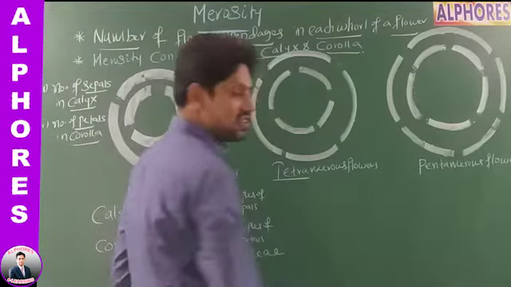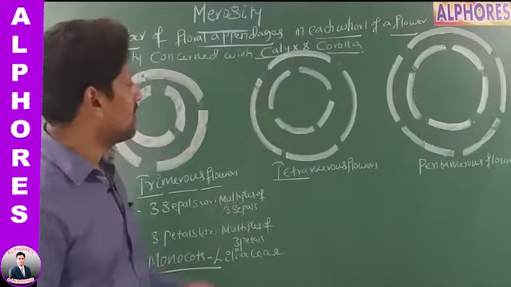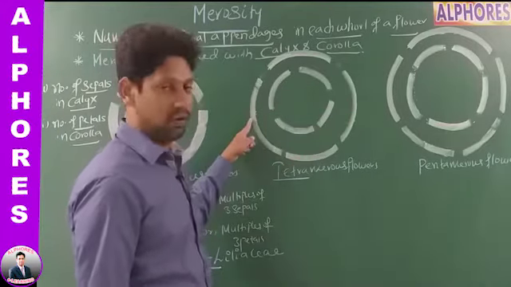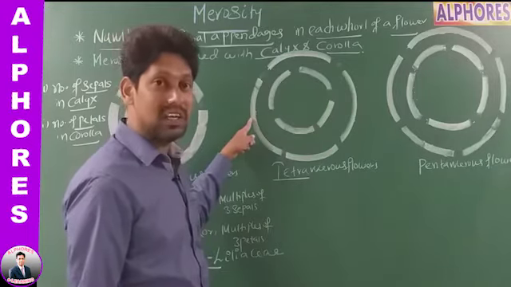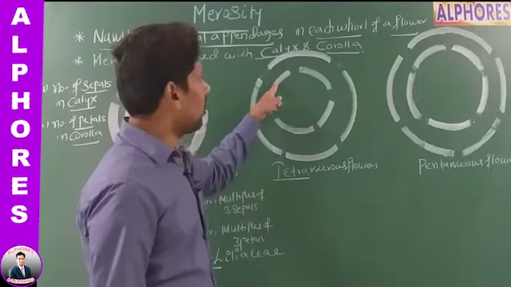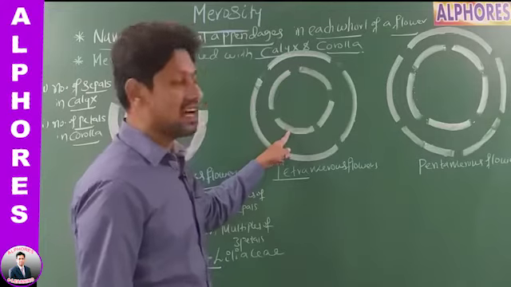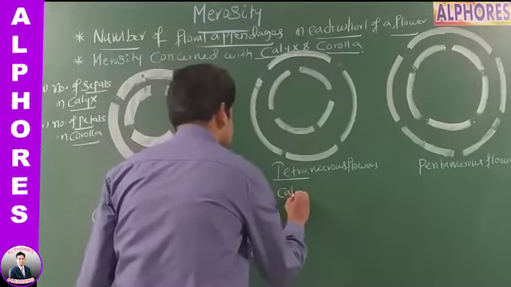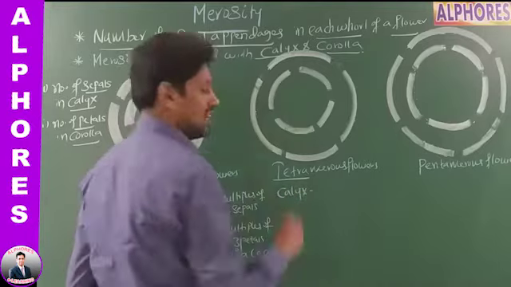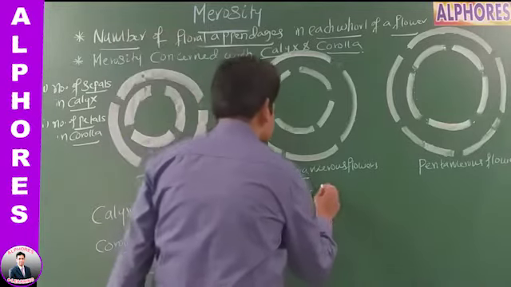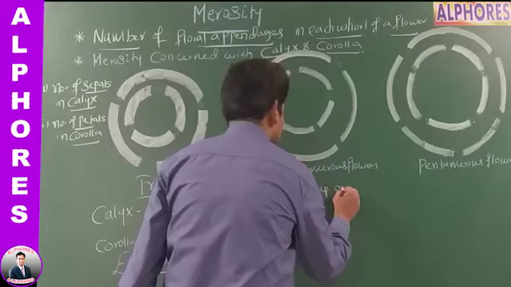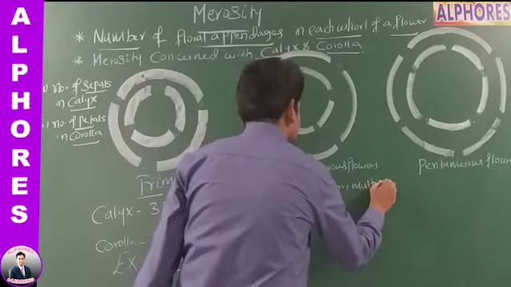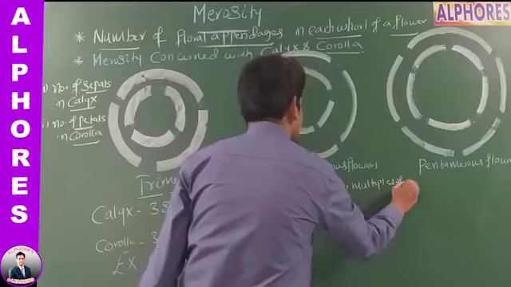Sir, tetra means how many, sir? 4. See the diagram. Calyx is with 1, 2, 3, 4. 4 sepals or multiples of 4 sepals. Corolla is with 4 petals or multiples of 4 petals. Therefore, calyx, what, sir? Calyx with 4 or multiples of what?